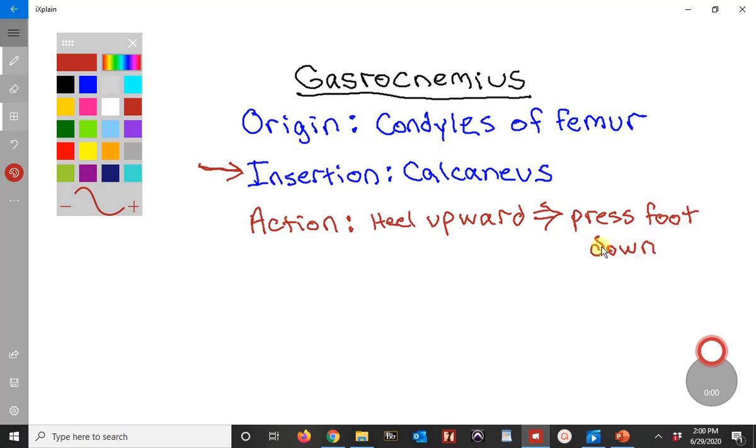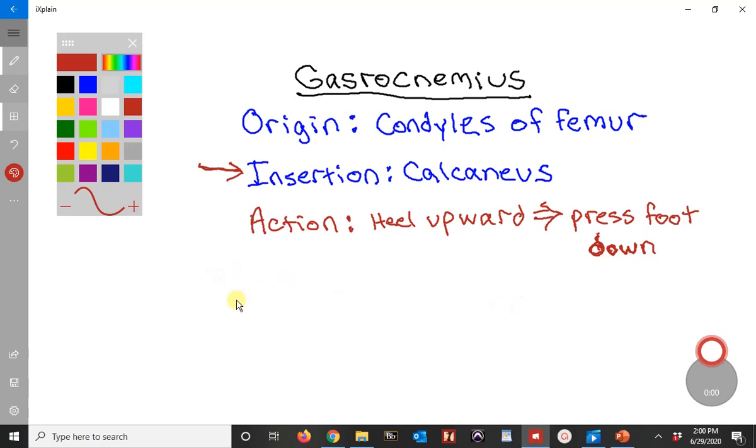Almost kind of like you're pointing your toes, but there are some more muscles involved in pointing your toes. But as far as your foot gets in the position, it gets pressed down just like if you were going to point your toes or if you were pressing the gas pedal in a car.